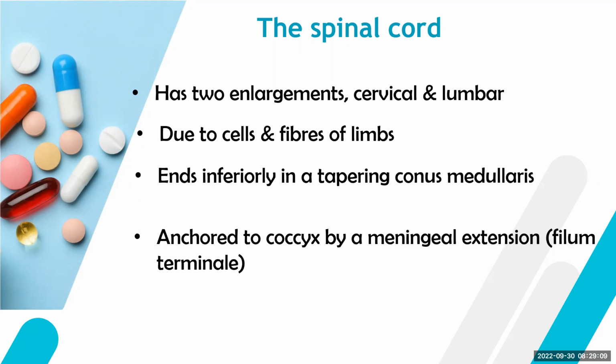This conus medullaris is anchored to the coccyx by a meningeal extension, mainly pia, with a little bit of arachnoid, and it is called the filum terminale. This anchors the conus medullaris, the lowermost end of the spinal cord, to the coccyx.